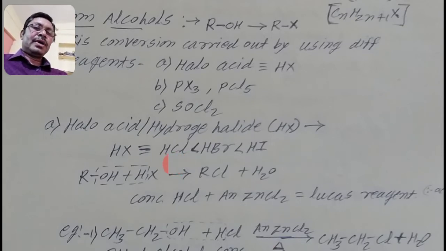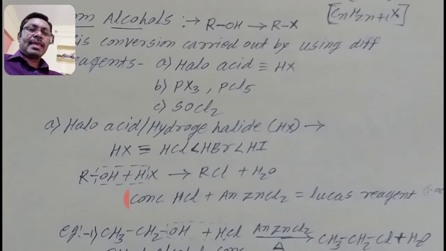First we write the example of the least reactive haloacid, that is HCl. It is a general reaction: ROH plus HX, meaning any haloacid, gives RCl plus H2O.